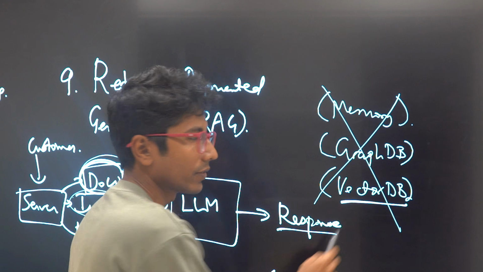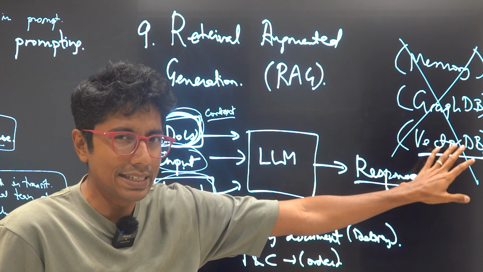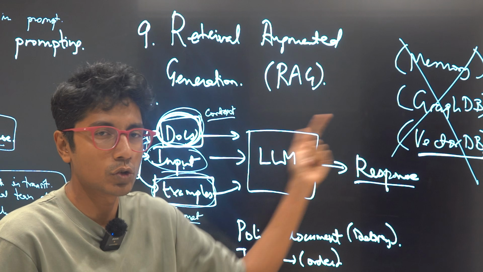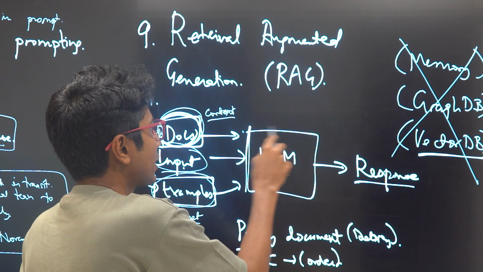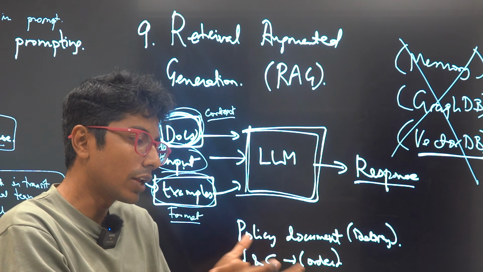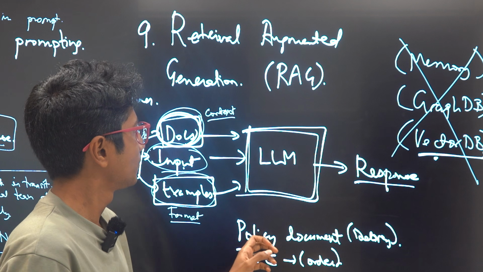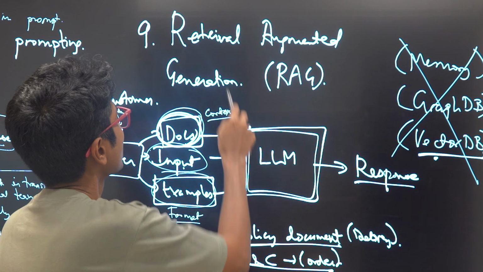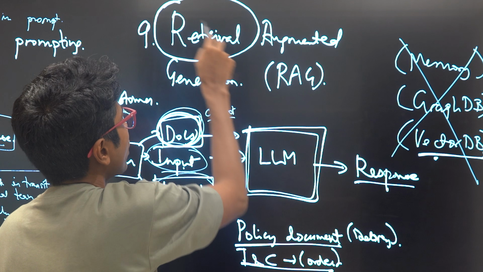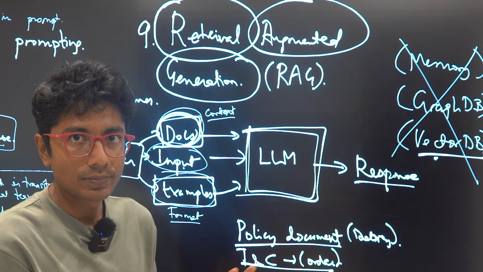Usually it's a vector DB, by the way, because it is easier to find relevant documents, you just do a similarity search. Once you have the documents, you pass that to a large language model. The large language model converts it internally into vectors and then gives you a response. But at a high level, you just want to add more and more context. You retrieve the context, augment the query, and then generate a response.